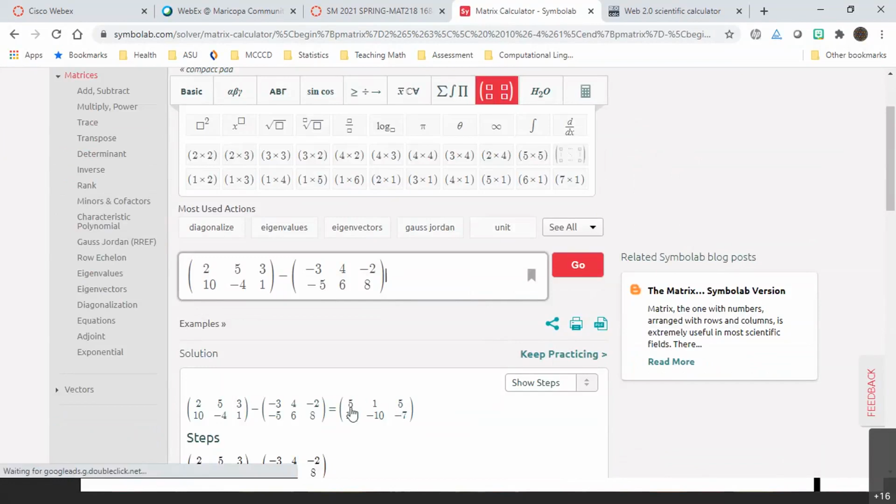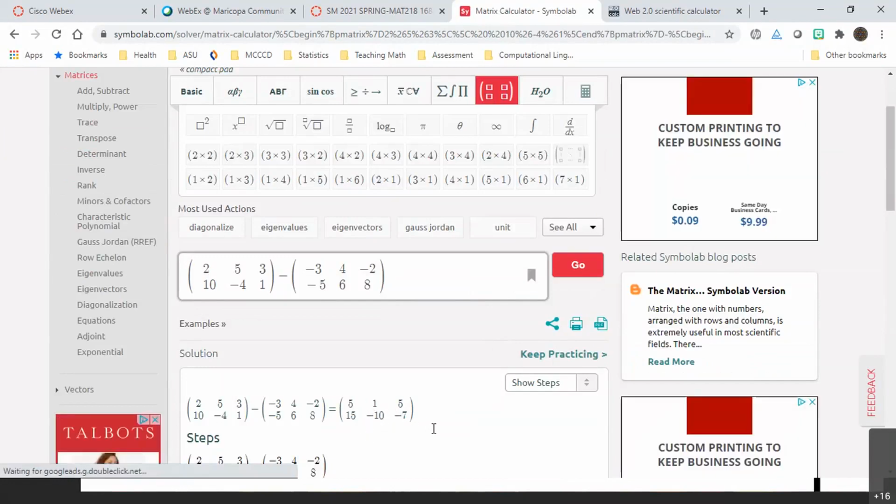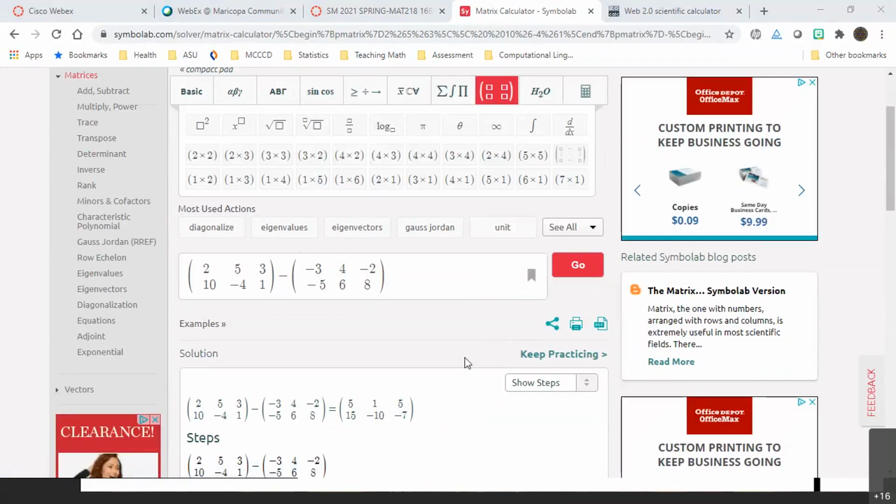And hopefully everybody got this answer, 5, 1, 5, 15, negative 10, 7. Okay, that's using Symbolab to do matrix operations. Good.